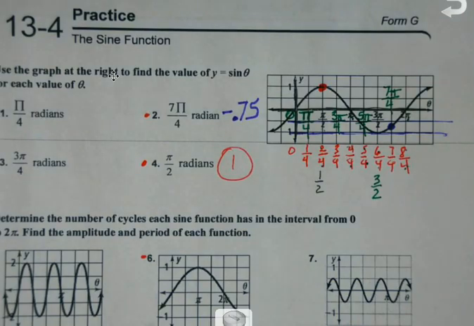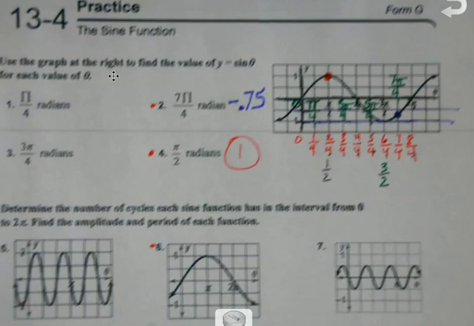Okay, negative 3/4. As long as you make an answer that's sensible, that's going to be okay, because we're not going to get the exact answer just from staring at the graph. Now, if we knew all of our fancy charts and stuff, we'd know the exact answer, but we don't, so that's okay. So that's how that top part's going to go, or any time that you'd run into something like that.